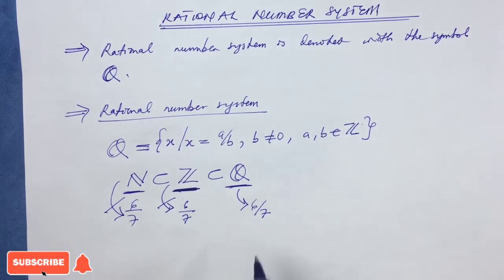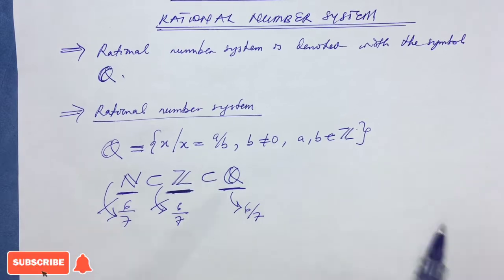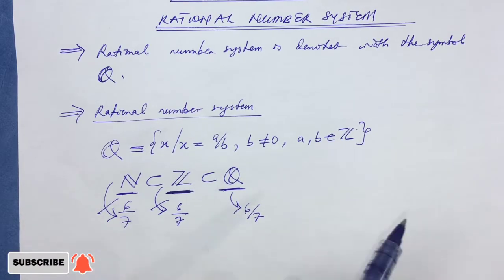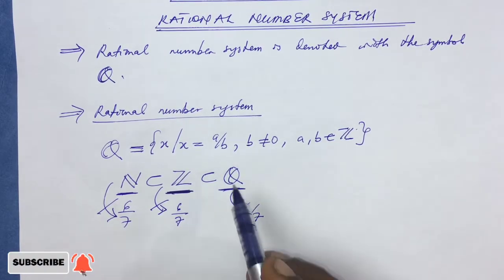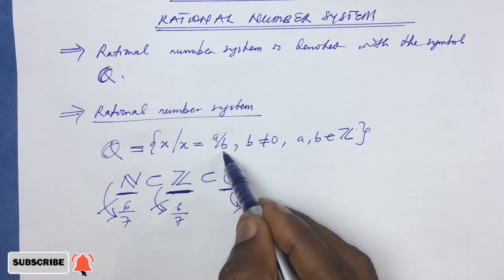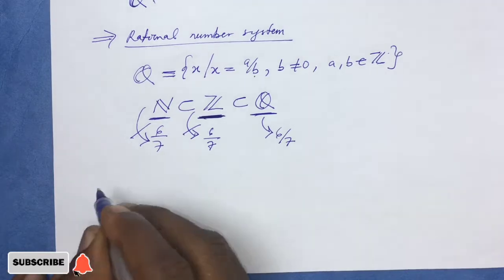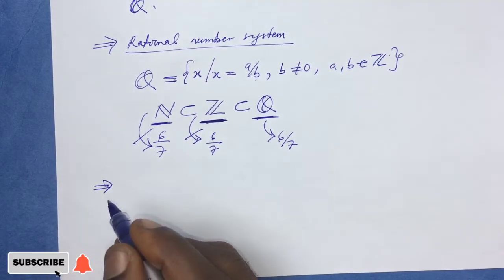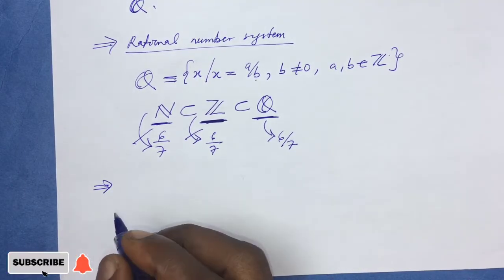Why? Because this system accommodates results that can be expressed as a ratio of two integers, such that the denominator is not equal to 0. Now the next thing I want to say about the rational number system is this.